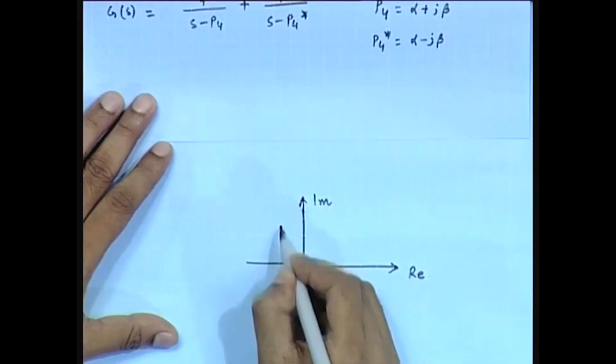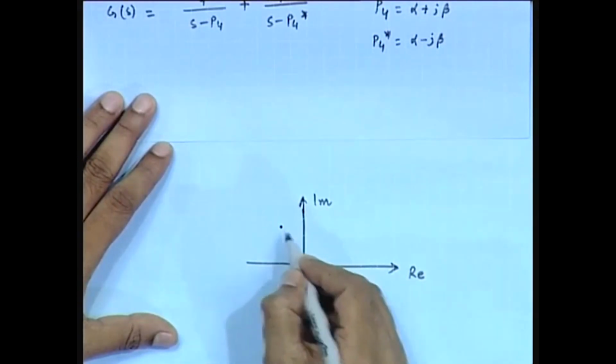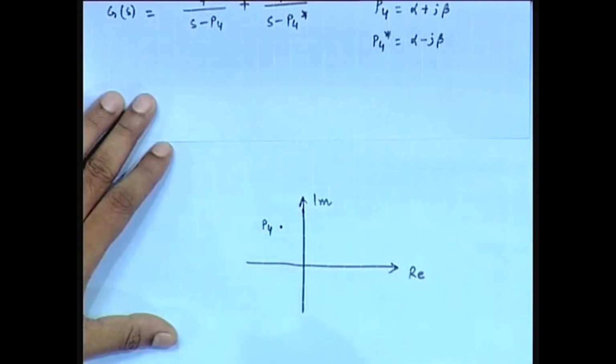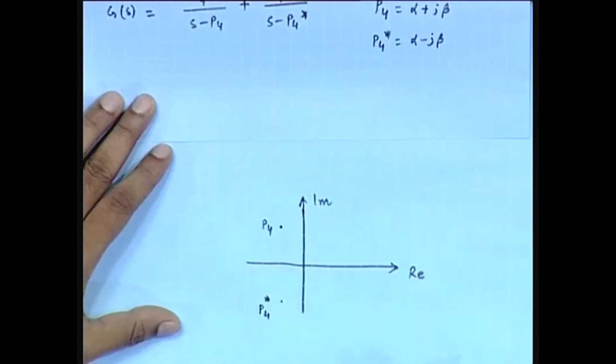Suppose one pole, that is P4, and another pole here, P4 star. Fine. So, this is alpha plus j beta and another one is alpha minus j beta.